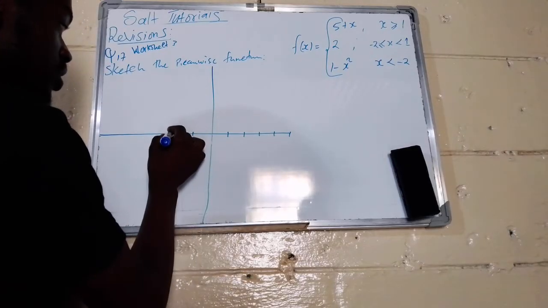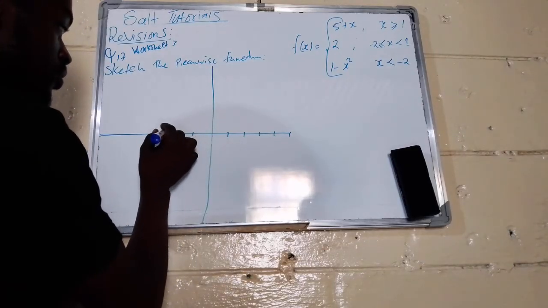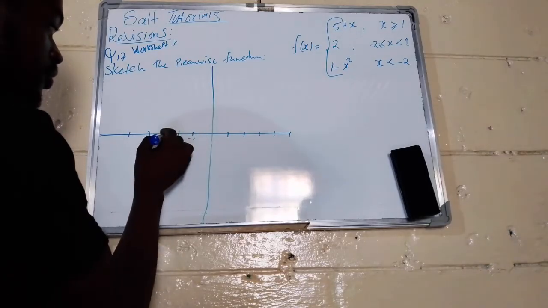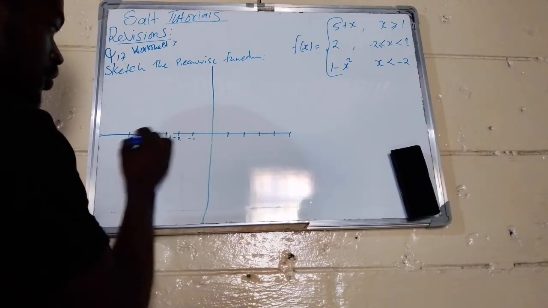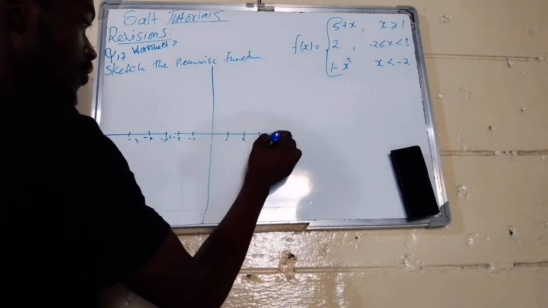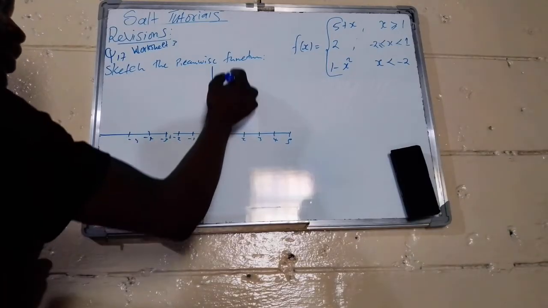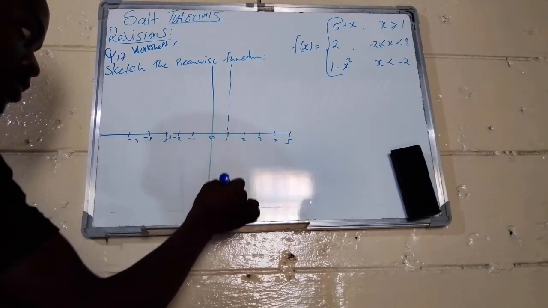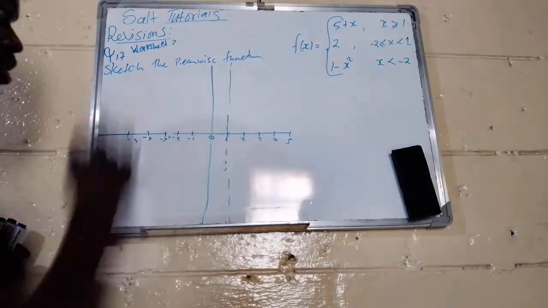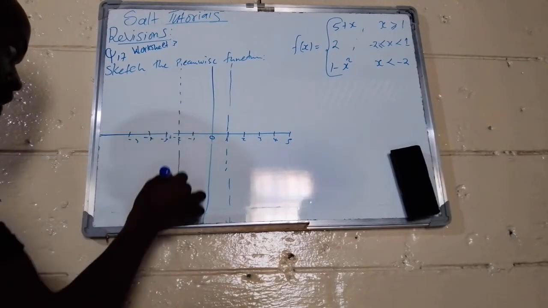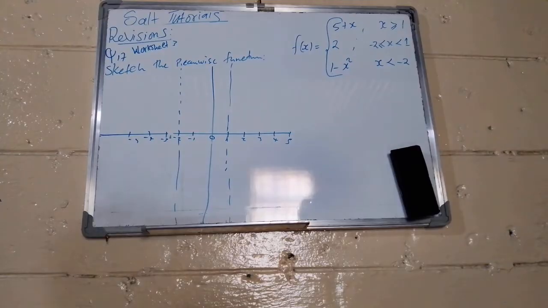Negative 1, negative 2, negative 3, negative 4, negative 5, and this is 0. So x equal to 1 is this line passing through 1 on the x-axis. x equal to negative 2 is this line passing through negative 2 on the x-axis.